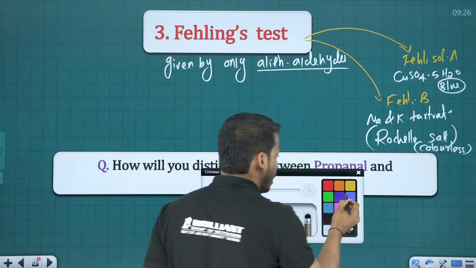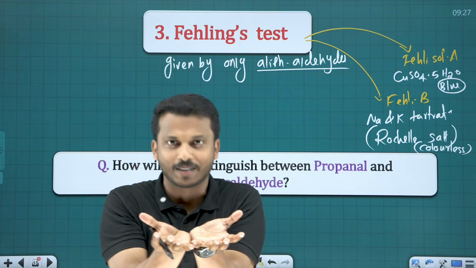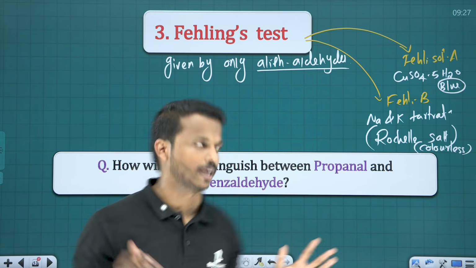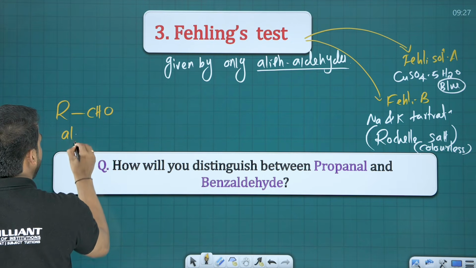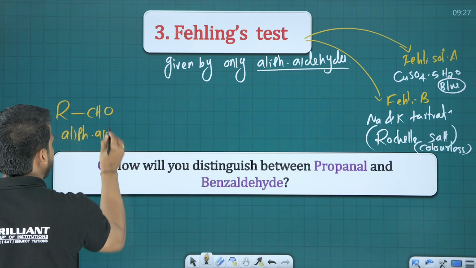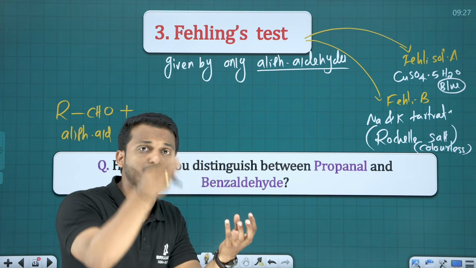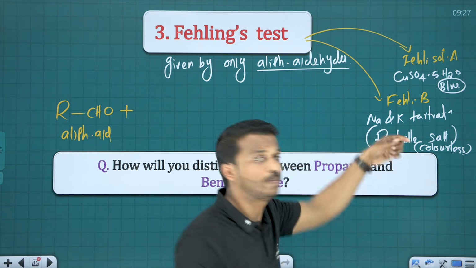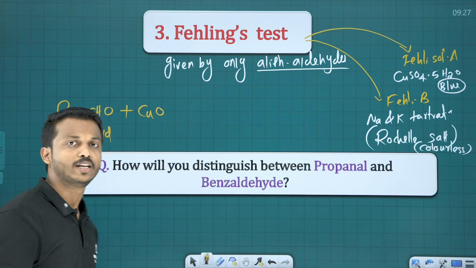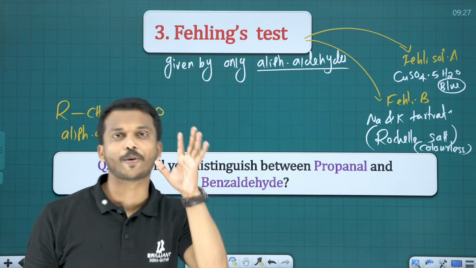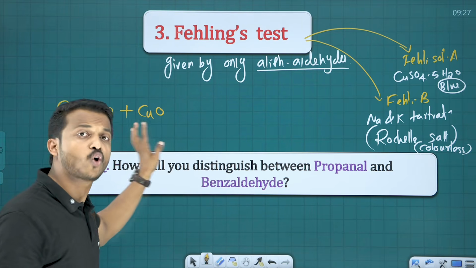But don't worry. When you're writing the overall Fehling solution A and B together, you write a simple term. For example, let me take an aldehyde, only aliphatic. Mix with Fehling's A and Fehling's B. Overall, what is the reagent? Copper oxide, CuO.